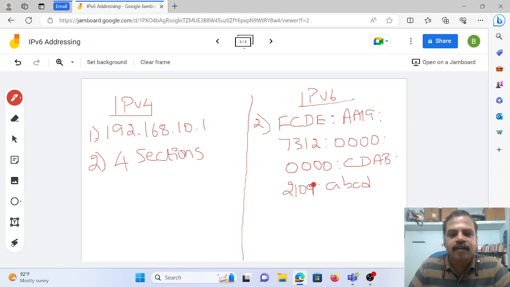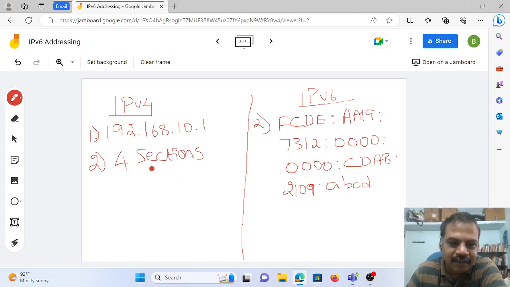So this is the representation of an IPv6 address in hexadecimal. Just think of the complexity of representing it as a sequence of 128 bits. Even with the hexadecimal number we are struggling to write. If it were a 128-bit binary address, it would be very hard, so we are using the hexadecimal notation.